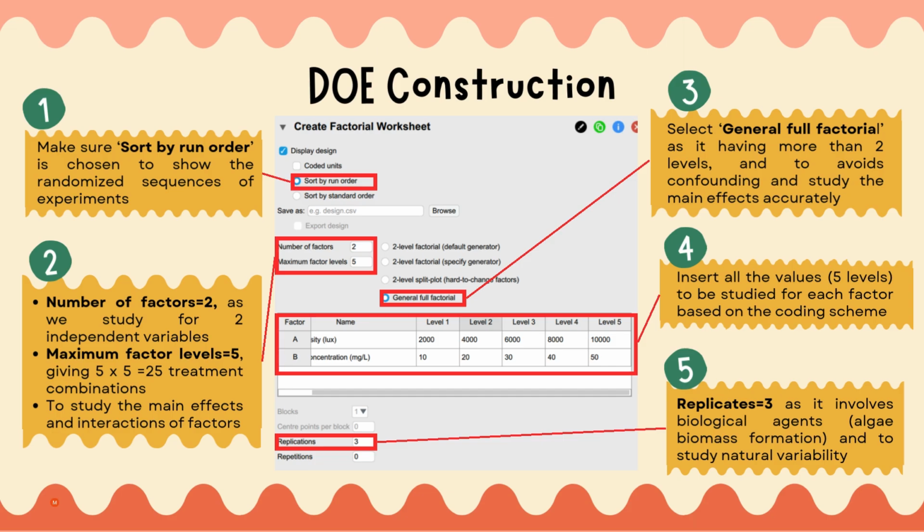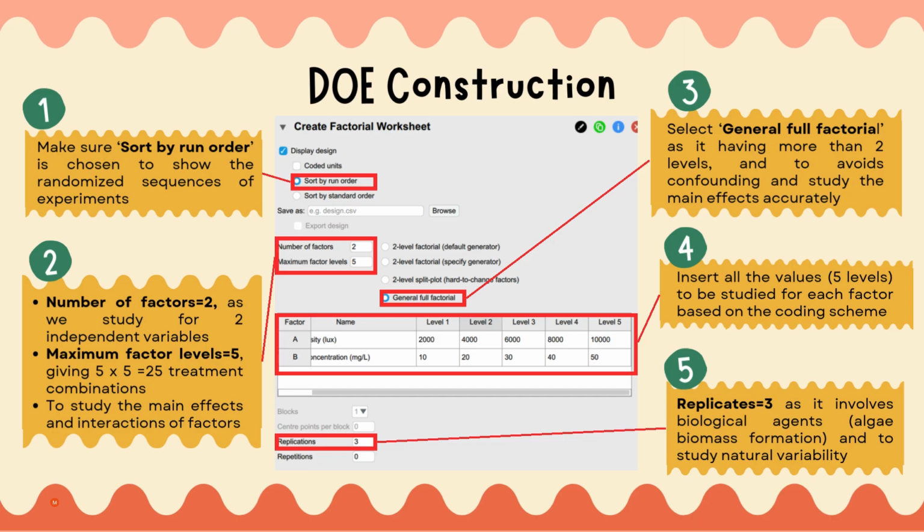Next, we will select general full factorial because we will have more than 2 levels. This is to avoid confounding and to study the main effect of these two factors accurately. So after we select all of those options, we just need to insert all of the values to be studied, as shown in the previous slide, for each factor based on the coding scheme.